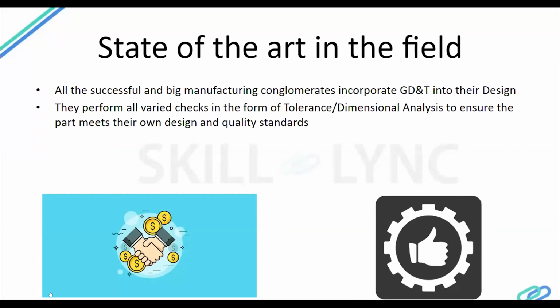And I just want to emphasize in this phrase also, the second part, where they emphasize on the checks, not only GD&T but also the tolerance stack-ups involved, so that their part meets the design and quality standards. And this of course comes from the tier 1 industries and the tier 2 industries also.